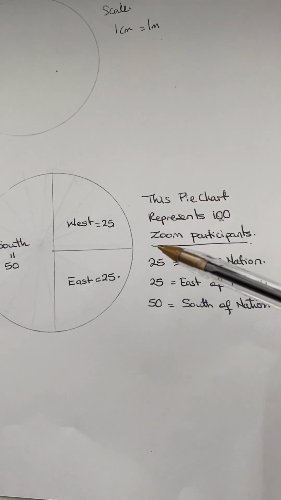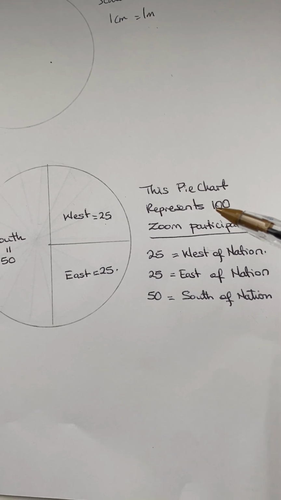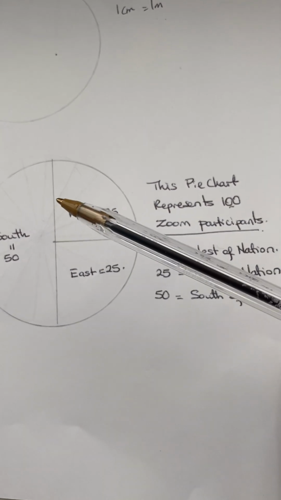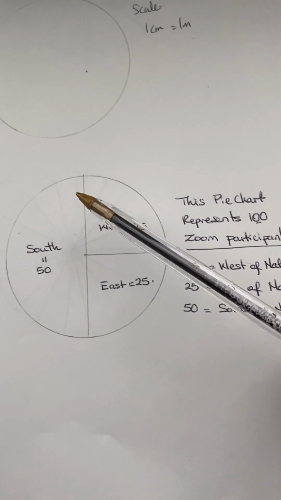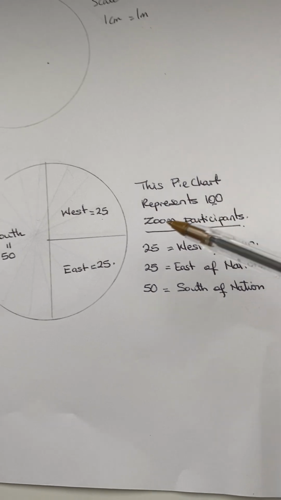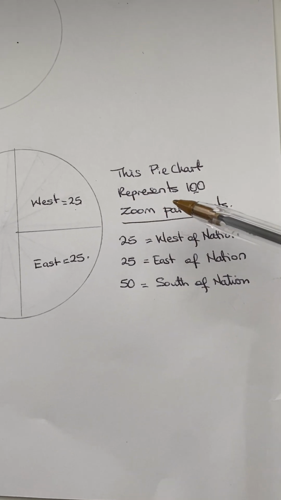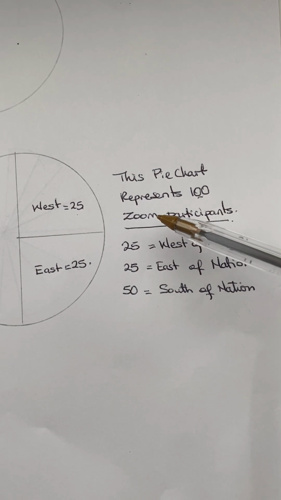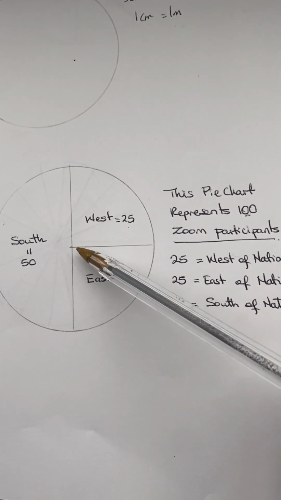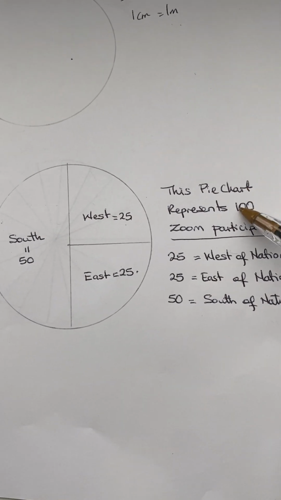So maybe next time they want to encourage more people from the south or the north to participate, so that they can give this to their receptionist to focus more on participants from the north.